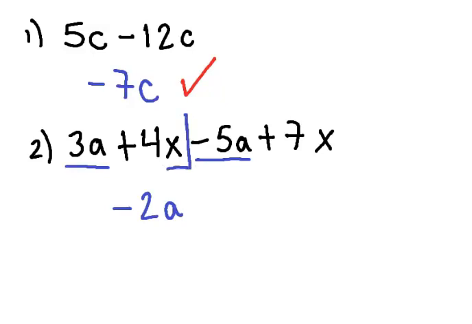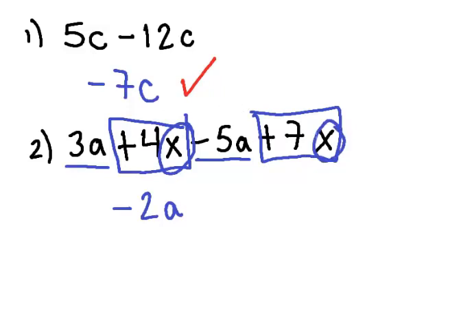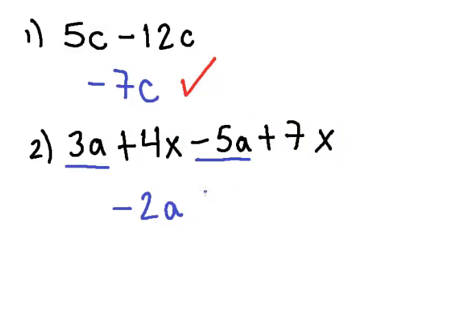Then I'm going to work with 4 positive and 7 positive. So 4 plus 7, because they have the same letter, which is x, they are like terms, I can add them. 4 plus 7 is going to give me positive 11x. And that will be the answer for the exercise. Why would this be the answer? Because this term has a letter a and this term has a letter x.